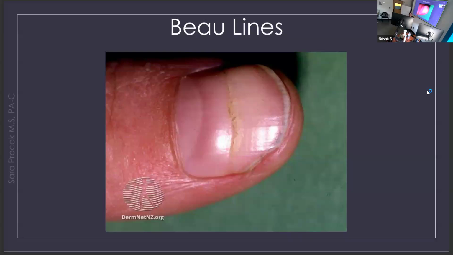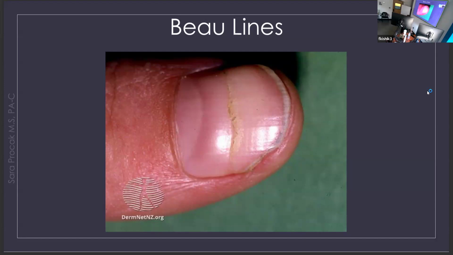So if I know that under normal circumstances it takes a nail plate about 6 months on the fingers to grow from the proximal end to the free edge, and their Beau's line is happening right in the middle, their shock probably happened about 3 months ago, having been at the halfway point. So it's kind of neat for tracking when their shock occurred.